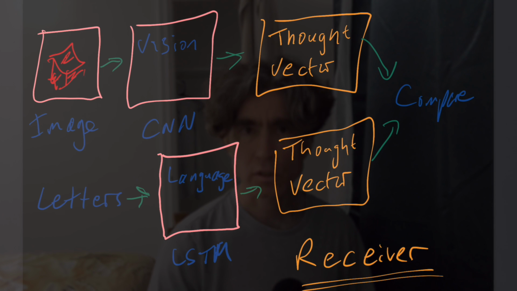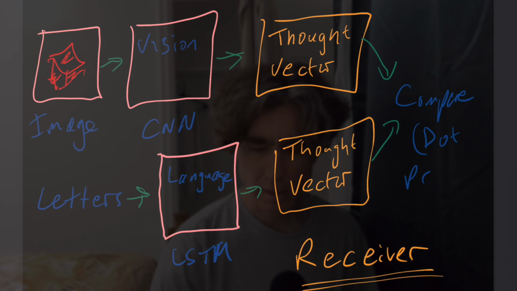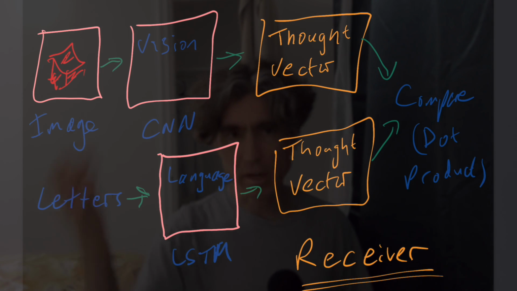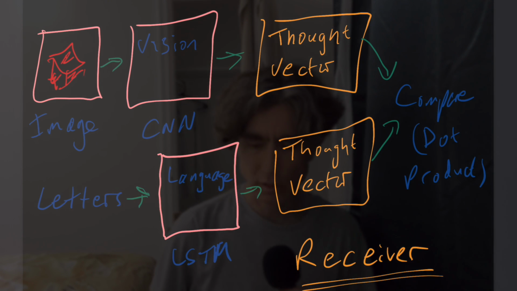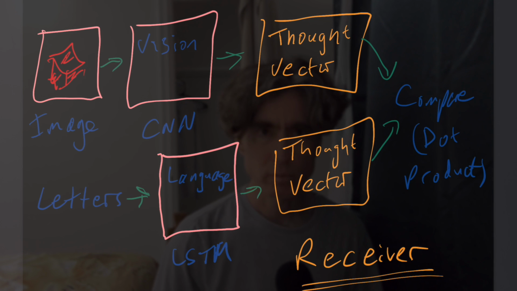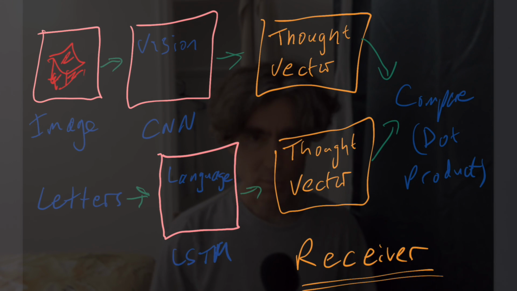There's a mathematical operation called a dot product. It's just a standard mathematical operation. It's also included in every deep learning library like PyTorch and TensorFlow. So you simply give it 2 numerical representations, and it gives you a number.